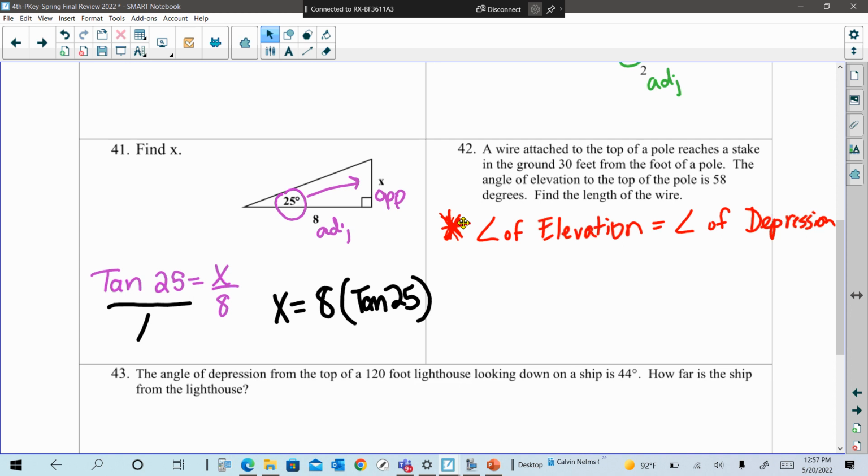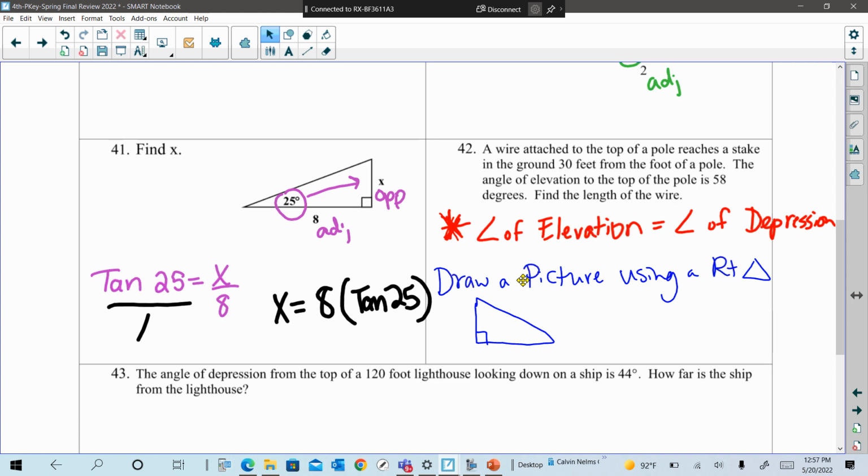If they say depression, you can set it up like an elevation because they are the same. So when you have a word problem like this, you will need to draw a picture using a right triangle, and you have to be comfortable with labeling that right triangle with the scenario in the word problem.